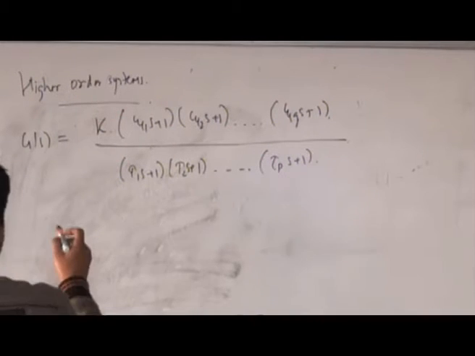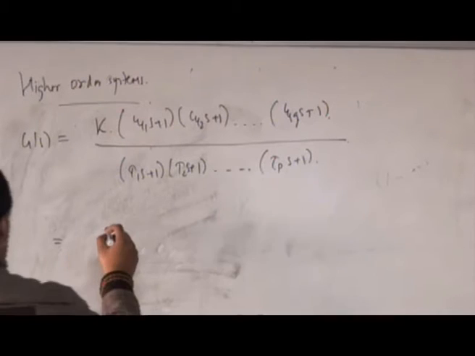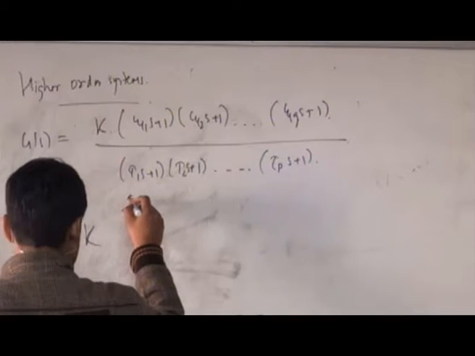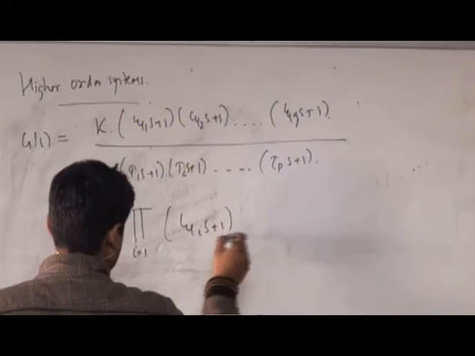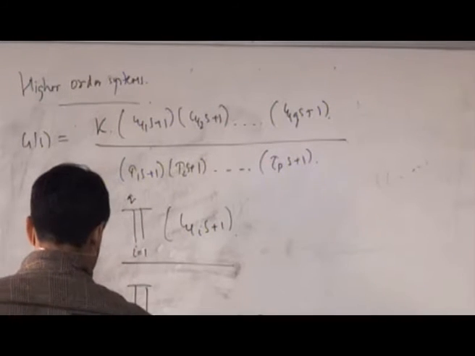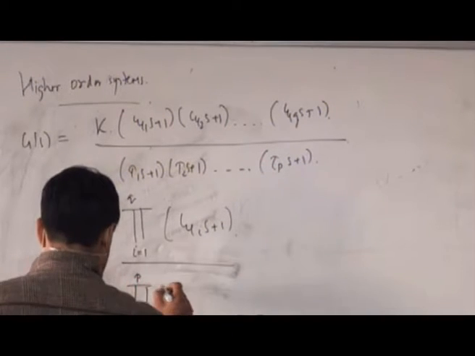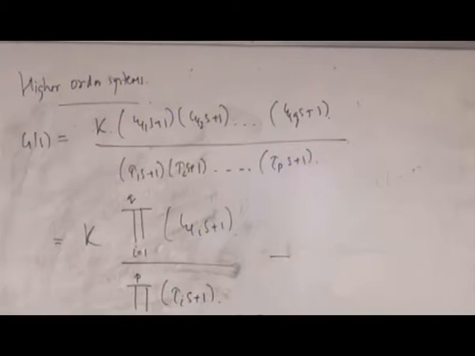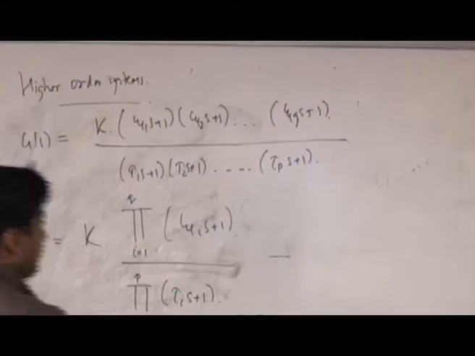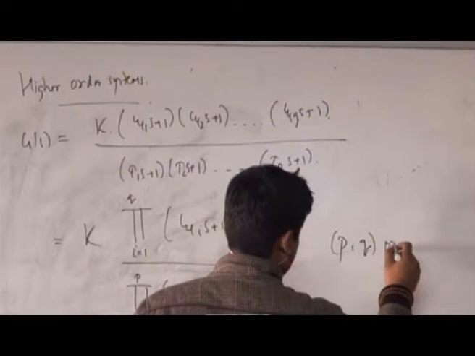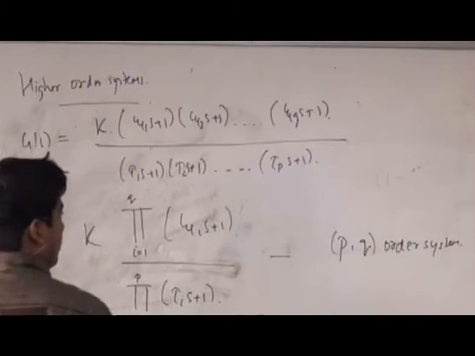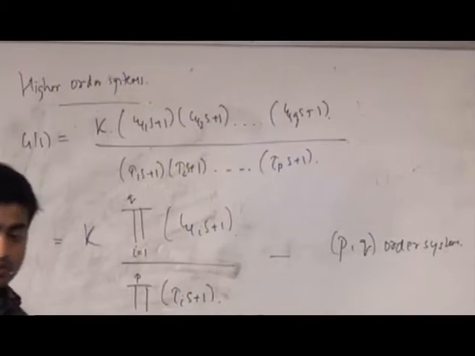Okay. And in the compact form, you could also represent them by... So such higher order systems are also called PQ order systems, where P defines the order of the denominator and Q denotes the order of the numerator.